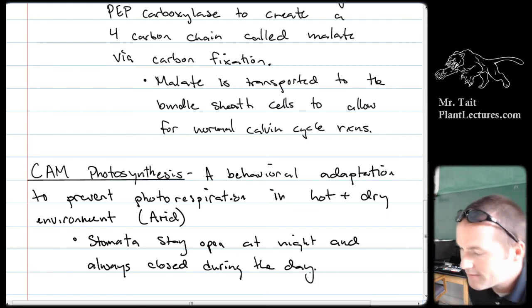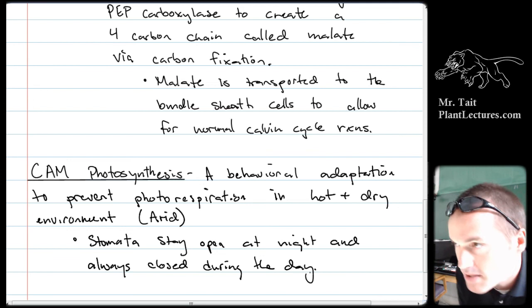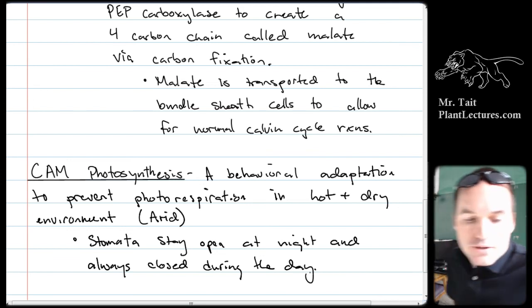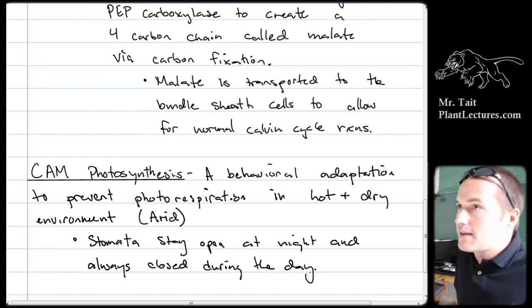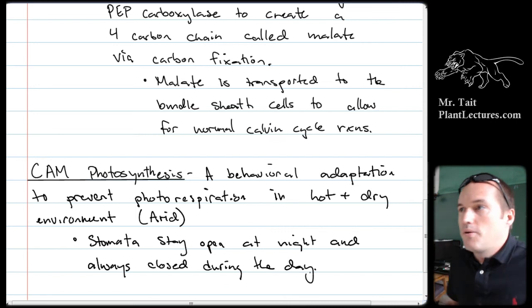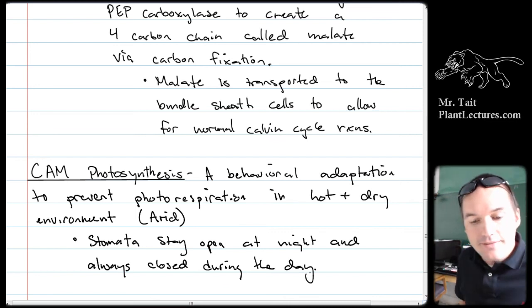The type of plants that go through CAM photosynthesis are a group of plants that we refer to as succulents, right? So succulents are things like aloe vera. It's kind of got a little chunkiness to it, right? Cacti are succulents, right?